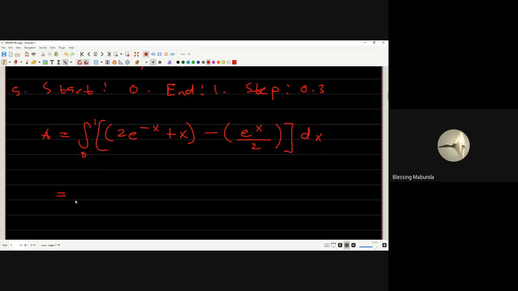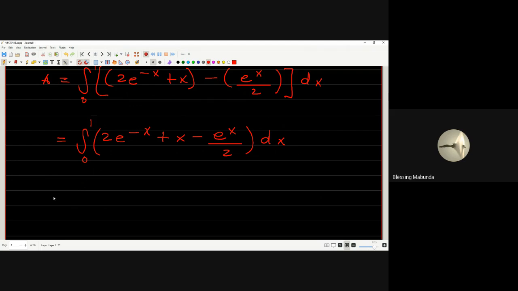And this is 2e to the minus x plus x minus e to the x over 2, dx. So you're already familiar with the integration.